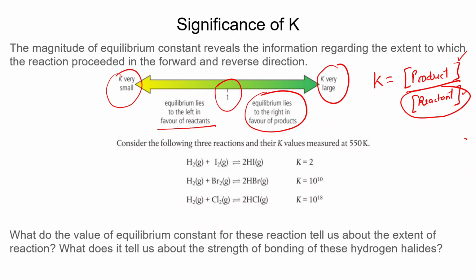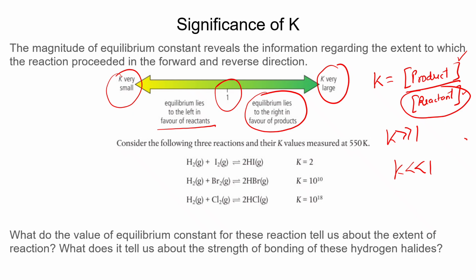So basically 1 would mean that you would have a similar or identical reactant and product concentration, and so you'll have very similar amounts of both of them. But a value of K which is extremely large compared to 1 means that the equilibrium lies to the right. And if it's a value which is very small compared to 1, that means the equilibrium lies to the left.